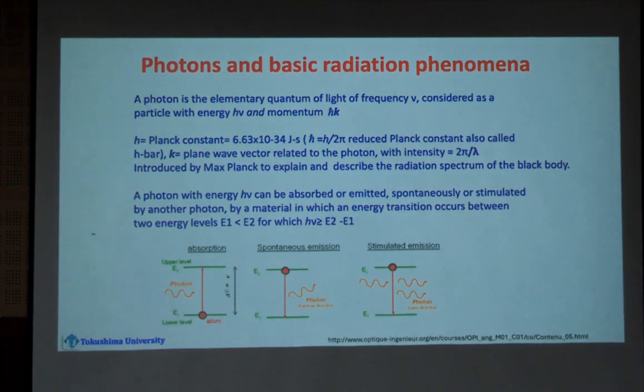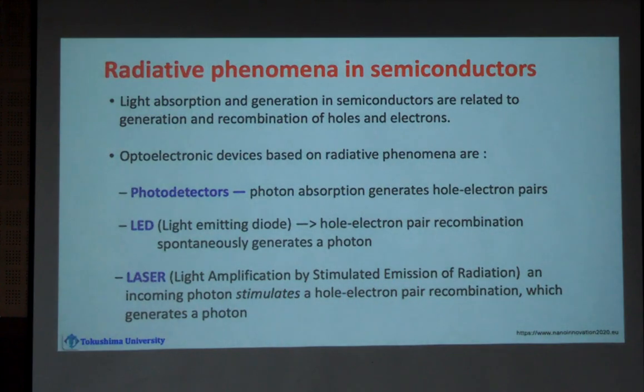When they go up, whether they are coming back. If they are coming back, whether they are releasing the energy or not. If they release the energy, which type of energy they release. So that is related to the light and based on the generation and recombination of hole and electron.